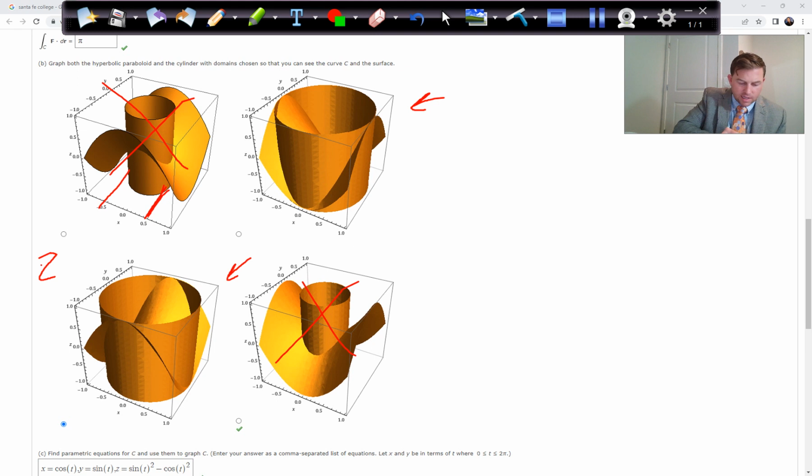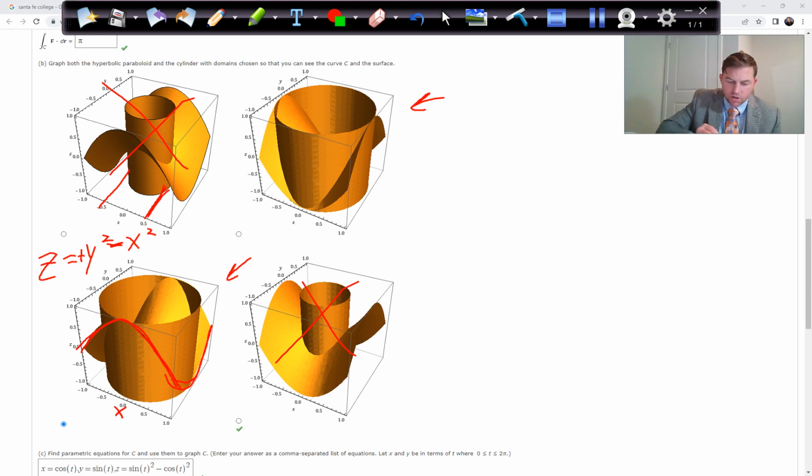If z is equal to y squared minus x squared, that's going to have a parabola that points down in the x direction. It's a minus x squared, so this is going to point down, and in the y direction it is going to point upwards because this is positive.